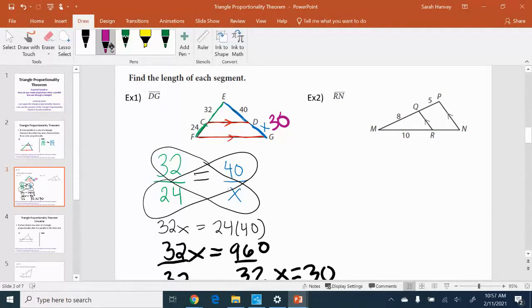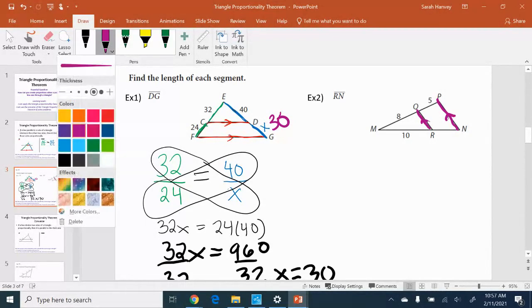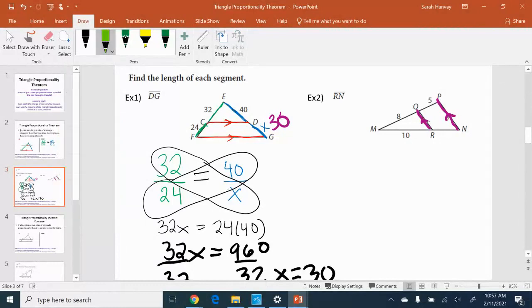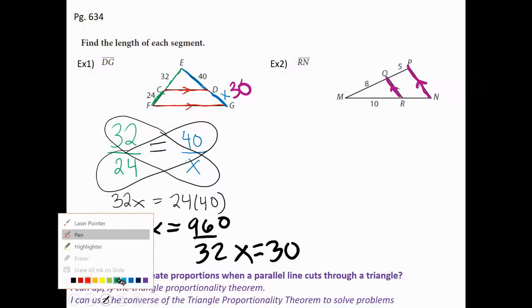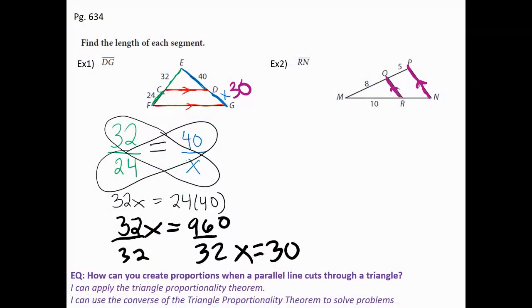All right, so let me get my colors here. We automatically know that this is parallel to this because of those little arrows. Let me make this bigger for you guys. There we go. And so we're going to do this side, 5, over the same side, 8.